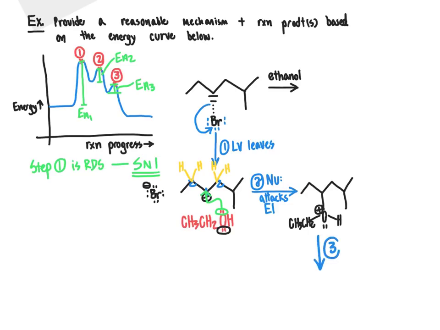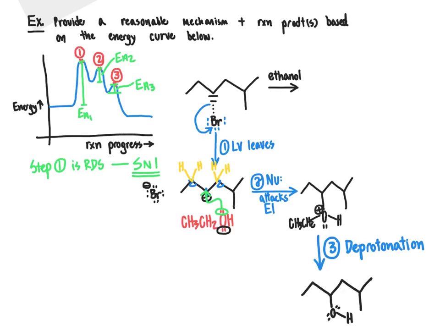So step 3 is that we are going to deprotonate the organic molecule. We're going to remove that proton that's bonded to the oxygen in order to yield the most stable possible product out of this step. This is going to be a pretty fast acid-base reaction step. I'm just redrawing what was present at the earlier step and removing a proton from it.